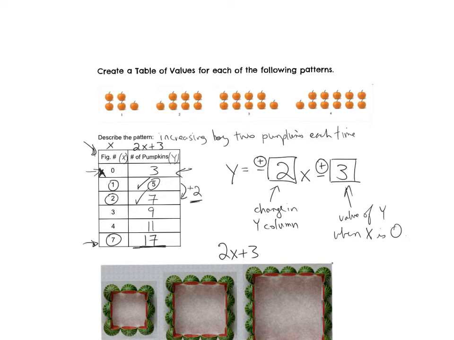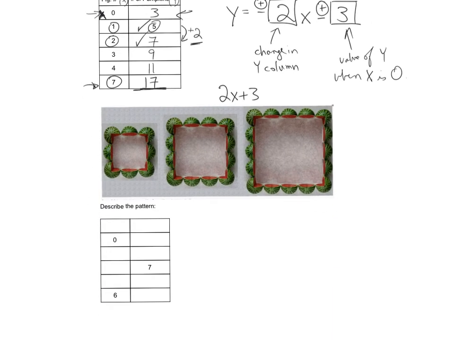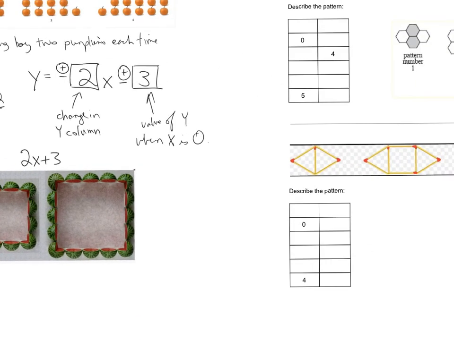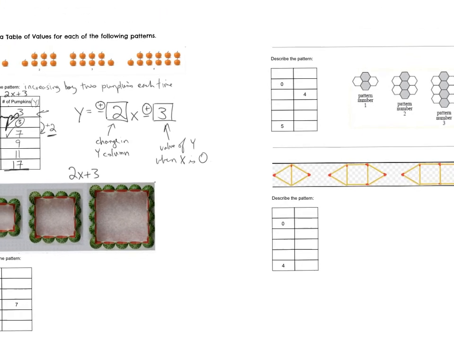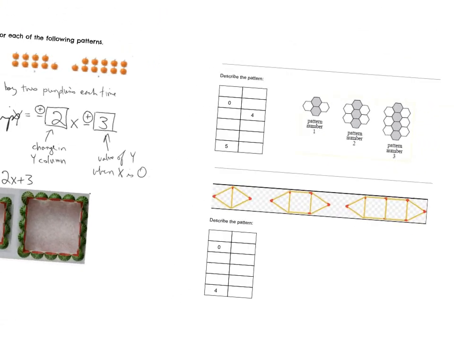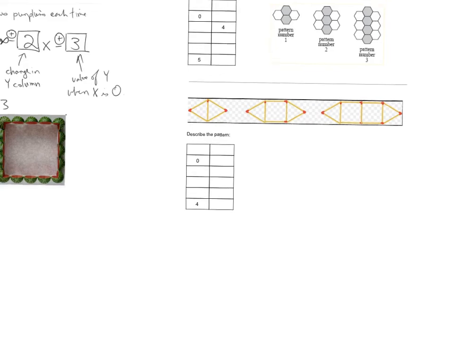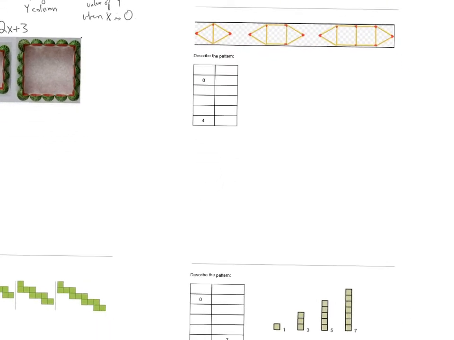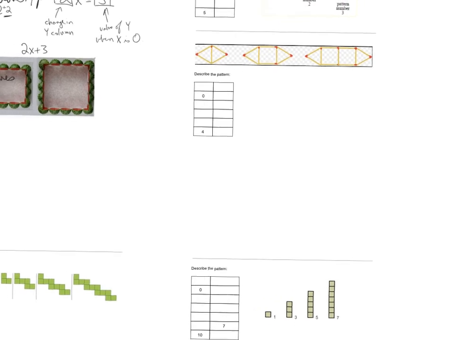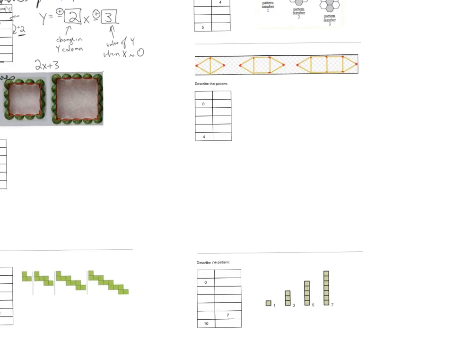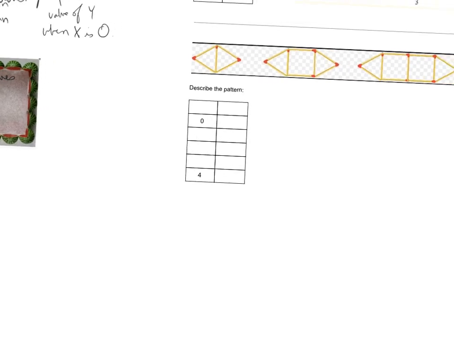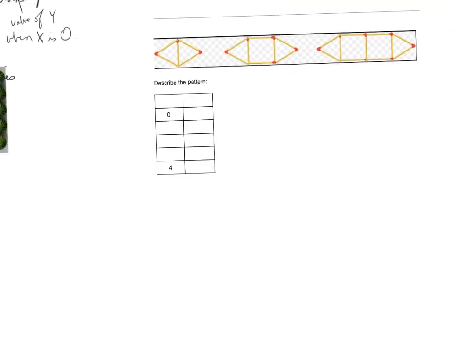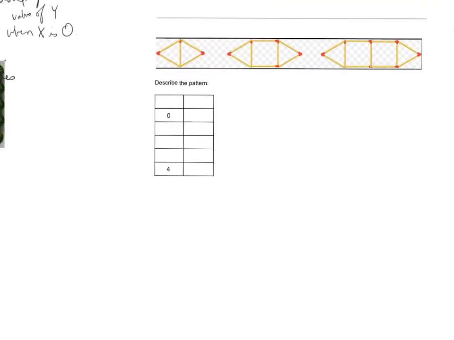Okay, we're now going to show one more, and we'll move a little quicker in this one. How about we go with this bottom one here? All right, so here we have some matches in a pattern. So again, if I'm describing with words, first I need to see what's happening in the pattern.